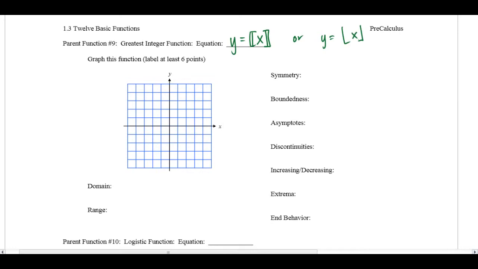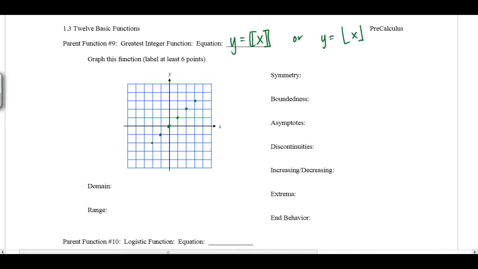Now, it's got some interesting points, like 1, 1, 2, 2, 3, 3, -1 would all be on there. But because of the nature of rounding down, if your x is between 0 and 1, say it's 0.8, you'd have to round it down to the nearest integer, so you would round it down to 0.